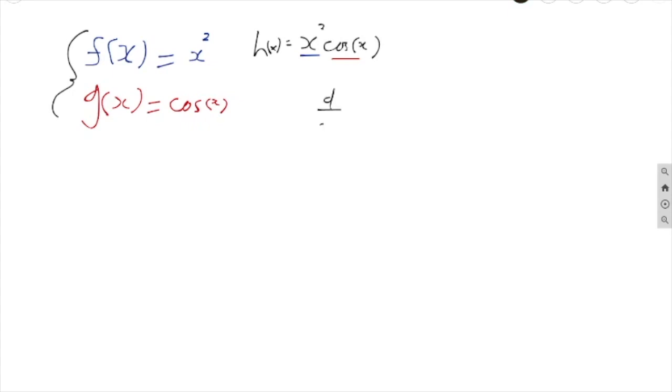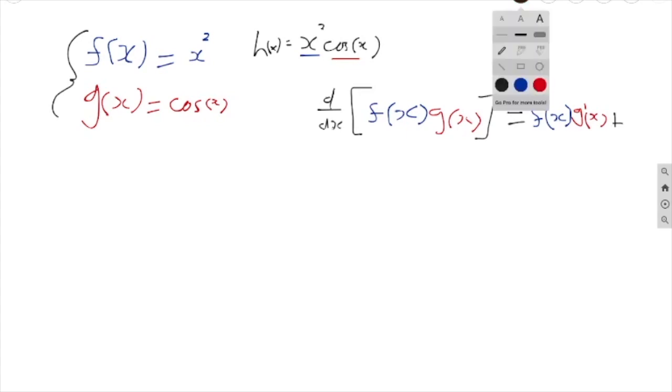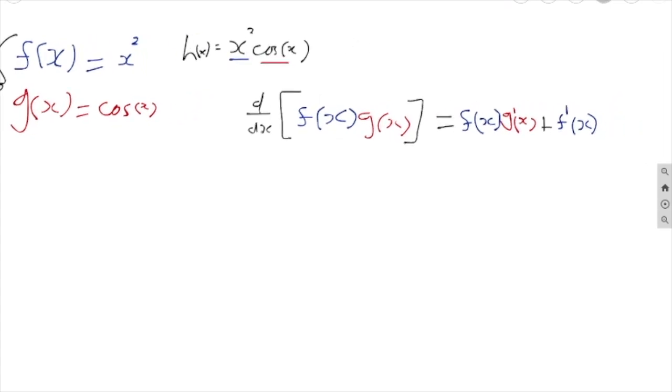So if we want to differentiate or find d by dx of some function f of x, let's use the color coding for obvious sake, of f of x times by some function g of x, then we want to find f of x multiplied by g prime of x plus f prime of x, let's move over just a little bit, multiplied by g of x. And that's all there is to it.